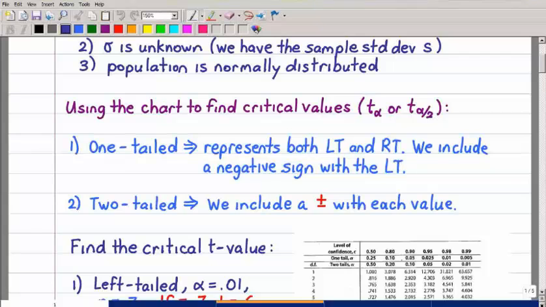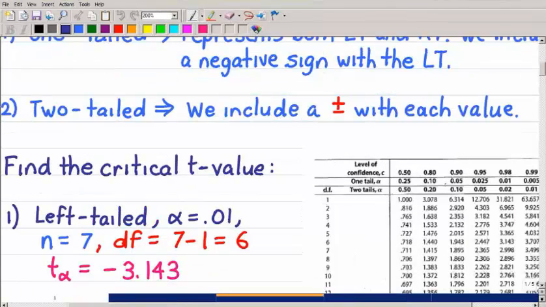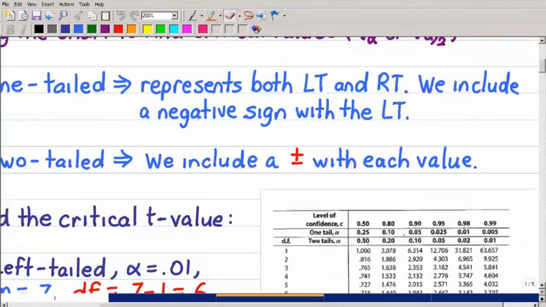Now, using the same chart that we use for the confidence intervals, okay, let me zoom in a little bit. Yeah, we have our confidence levels here on the top row. Now, we have to see how to read this chart with what the one-tail and two-tail means.